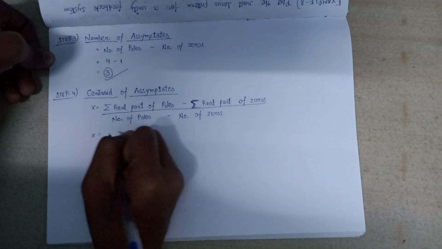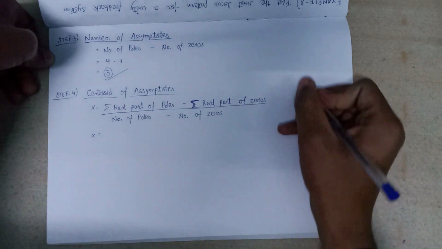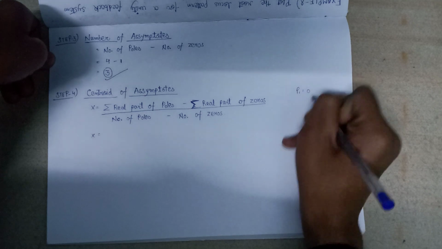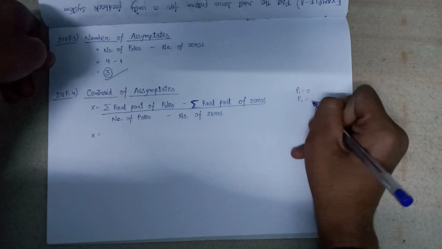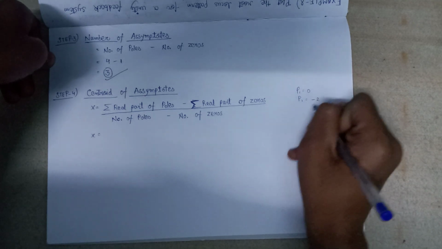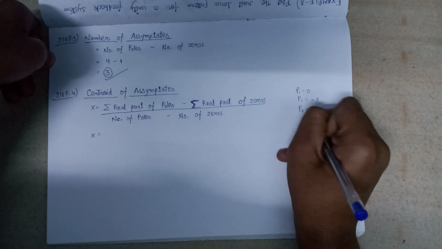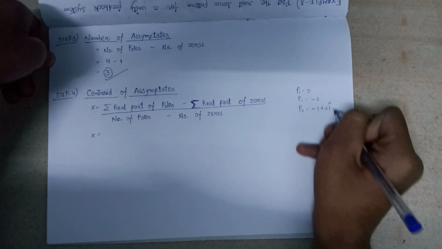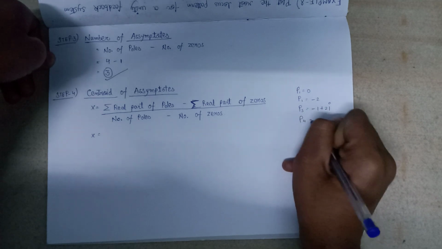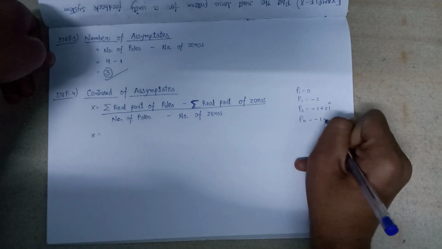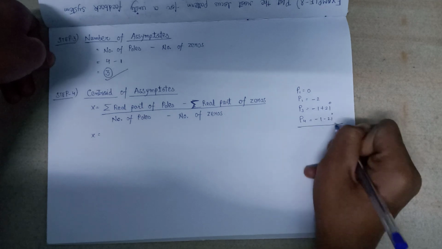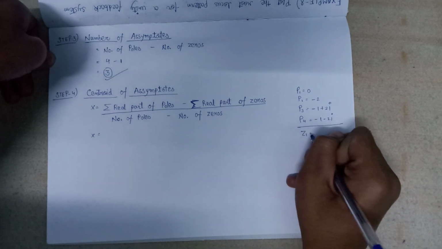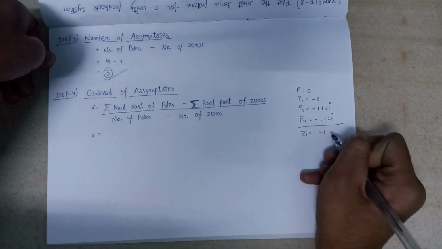So x will be equal to, since we have 4 poles, pole P1 lies at 0, pole P2 lies at -2, pole P3 lies at -1 + 2i, pole P4 lies at -1 - 2i, and we have 1 zero that lies at -1.